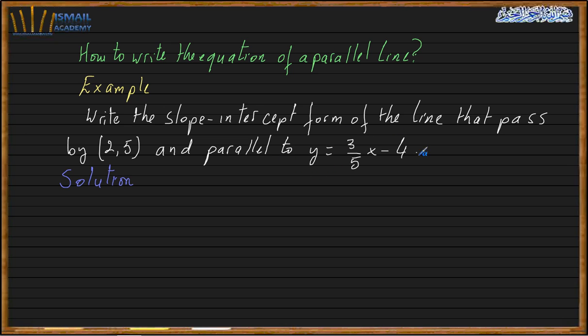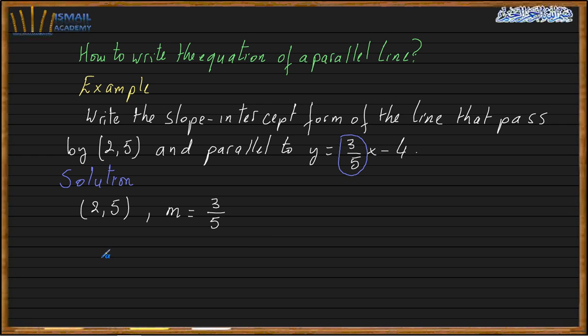So the purpose of this equation is to pick the slope. We don't need anything from this equation except the slope. So now I have the point (2, 5), and my slope is 3/5, because the two lines are parallel, which means the slopes are the same.